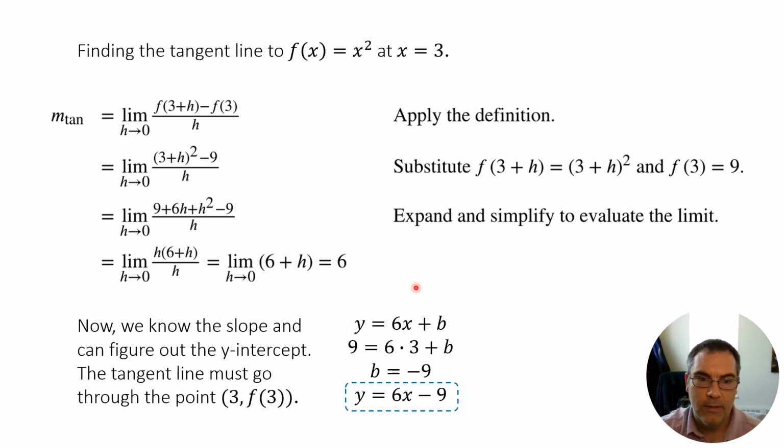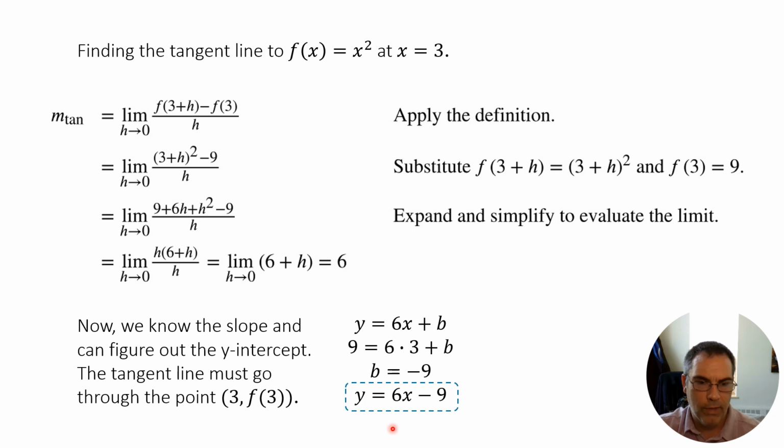If you want to find the full line, like what's the equation of the line, now you need to know another point. So we know one point on the line is at x equals 3, and f of x is going to be equal to 9. So the point (3, 9) is on the line. And now we know it has a slope of 6.